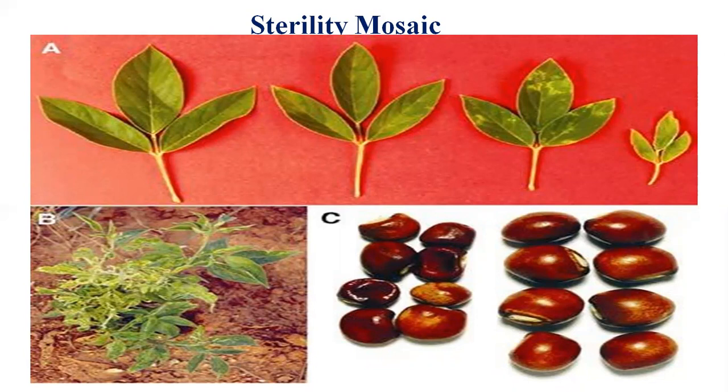A different kind of mosaic pattern. So we have seen so many mosaic symptoms, normal mosaic symptoms on the leaves. This is a certain kind of mosaic and also a genetical abnormality in the plant to cause the sterility in the plant. So that's why it is named as a sterility mosaic.